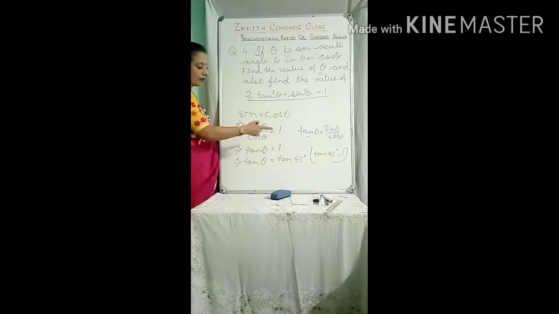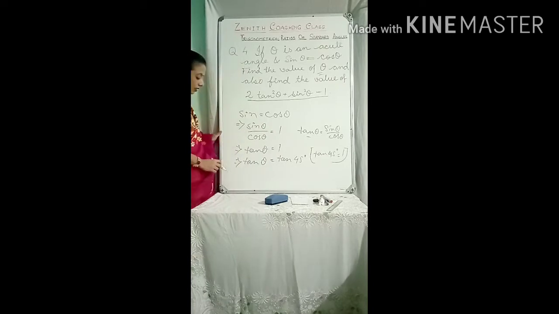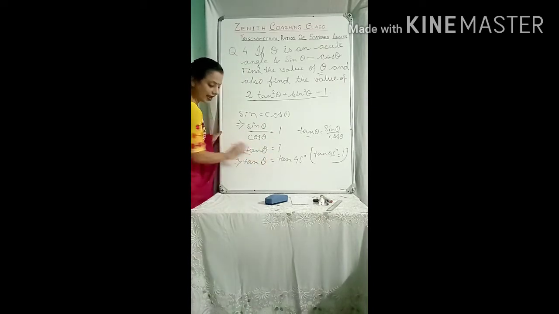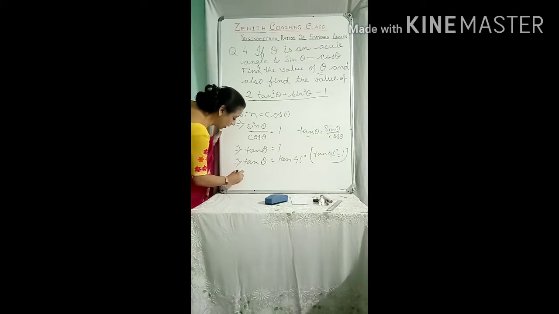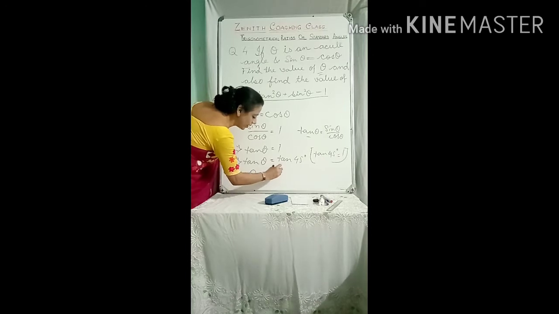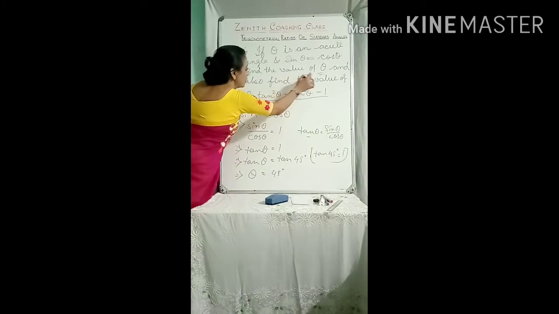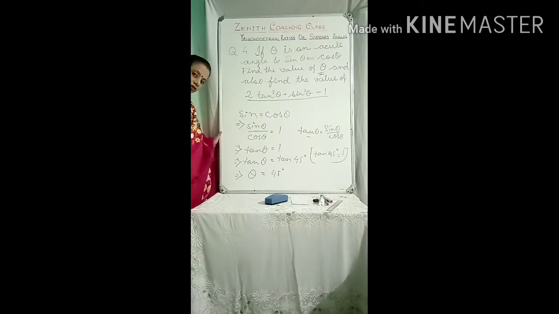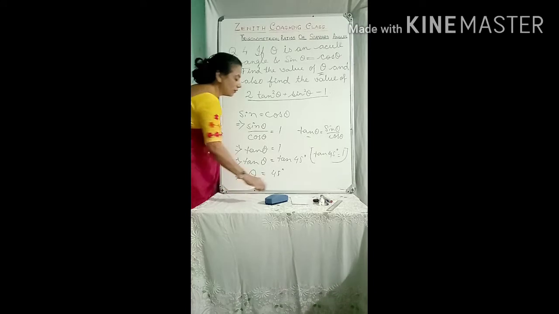So you have written tan theta equals tan 45 degree. So cancel tan. Now you can write theta equals 45 degree. That is the value of theta. Understood? So theta equals 45 degree.